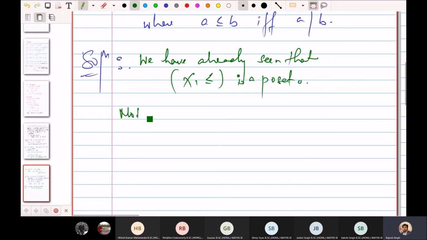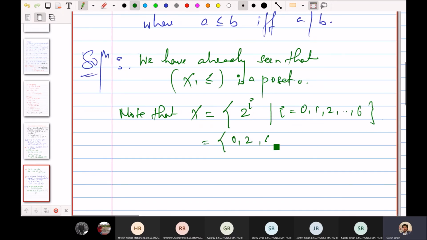So note that X is nothing but it is 2 to the power I, where I is running from 0 to 6, क्योंकि 1 भी आता है ना, ठीक है? So this is 1, 2, 4, 8.